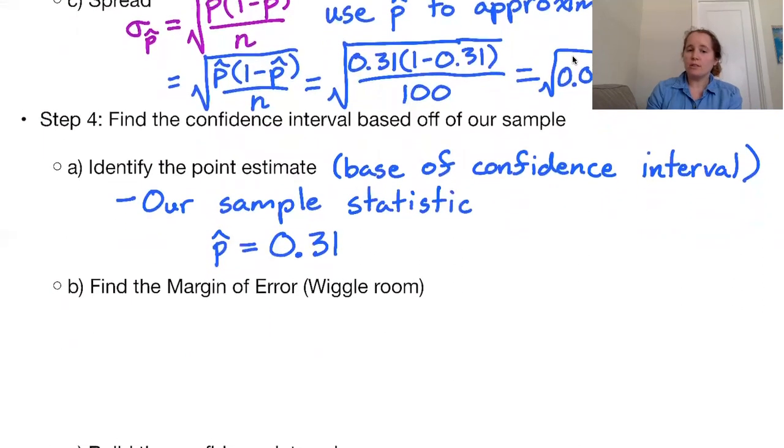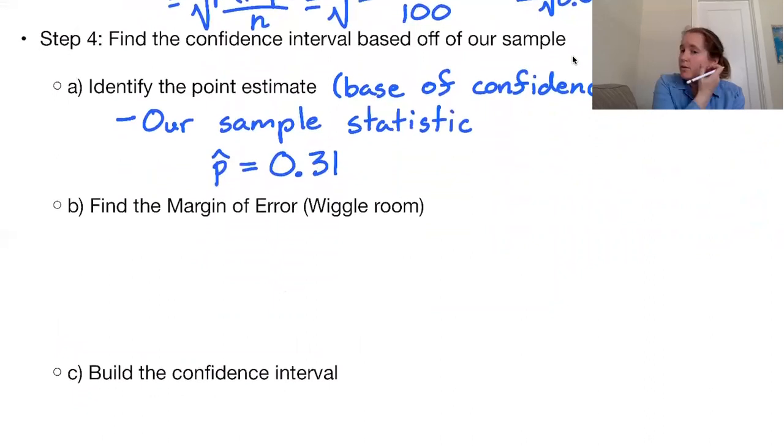Now for our margin of error, recall from the previous video that 95% of samples were within 2 standard deviations of the center.